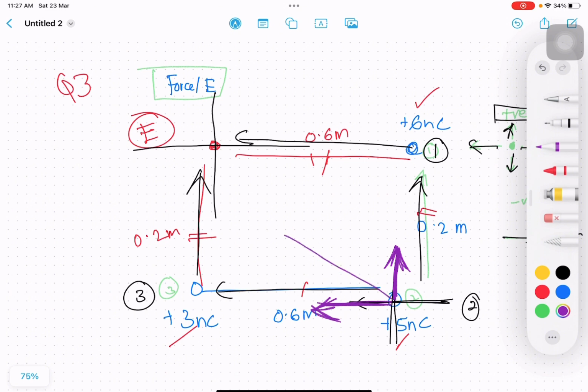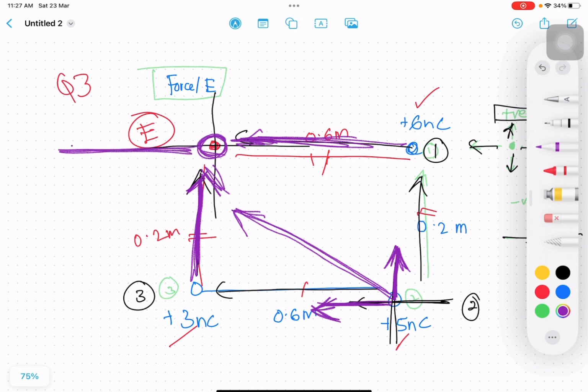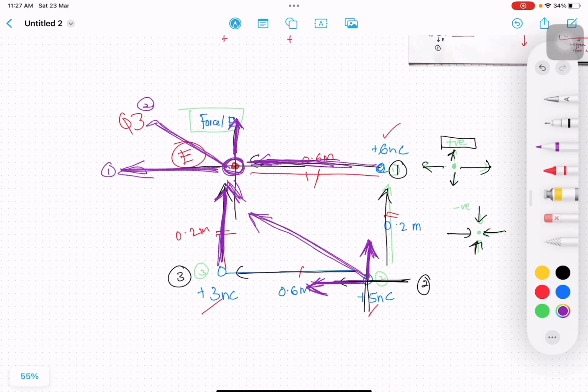So resultant dia akan jadi ke arah sini. Whereas yang sini pun dia keluar. So untuk point yang keempat ni, satu daripada yang pertama, satu lagi daripada bawah, yang third, dan ada yang dua punya datang. Kita kena tengok banyak.